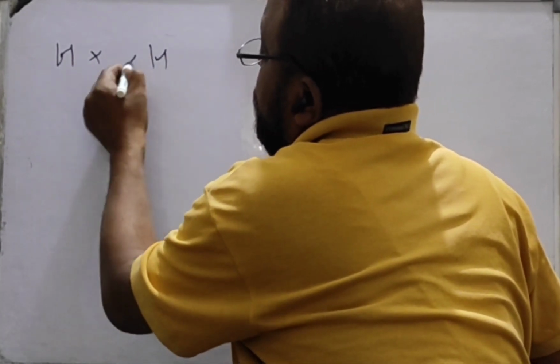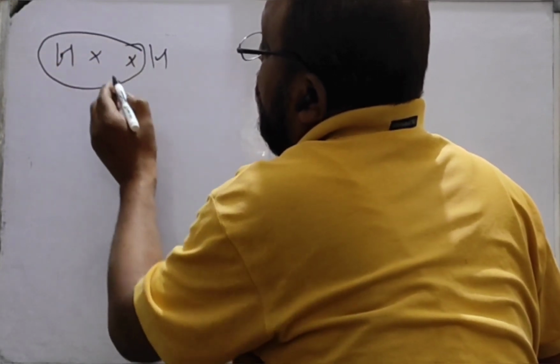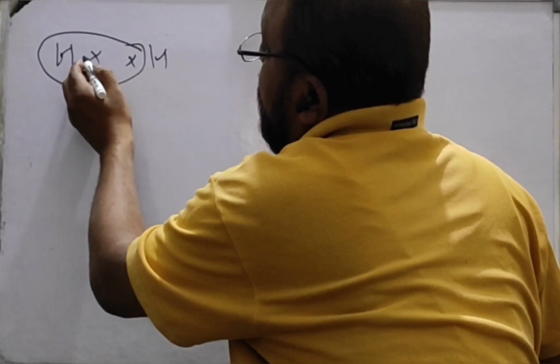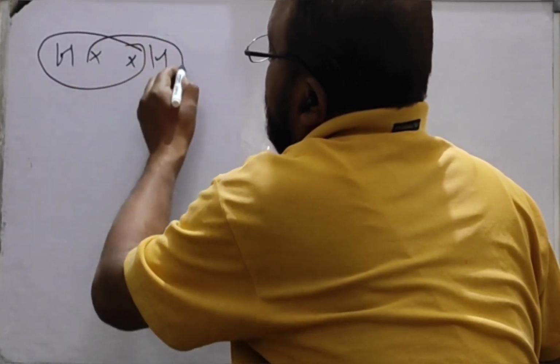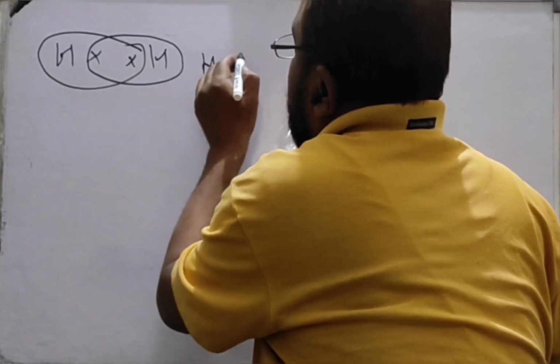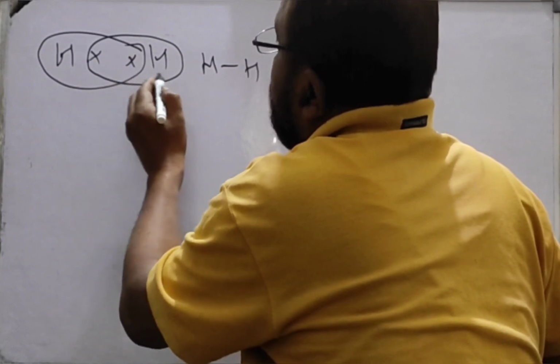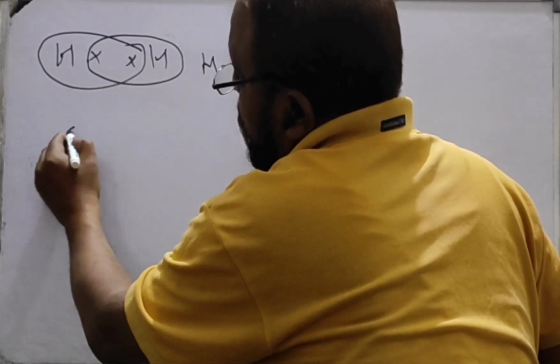This is another hydrogen atom. Both have one electron in the outermost shell. The first takes one electron from the other atom and completes its duplet, and the second atom takes one electron from the first atom and completes its duplet. So in hydrogen we have a single bond.